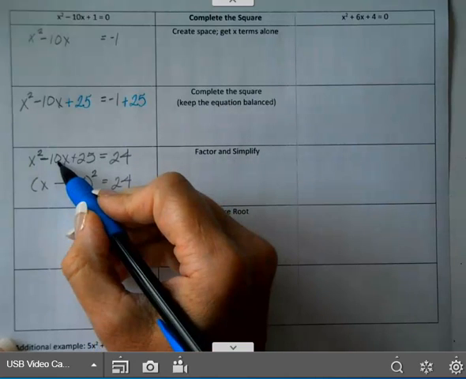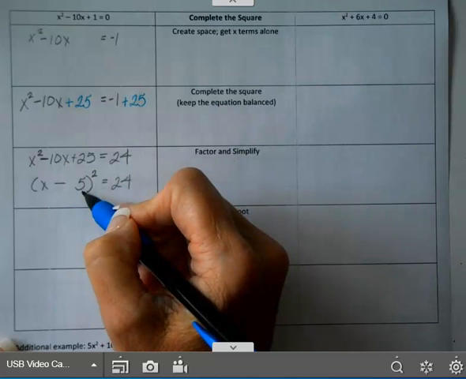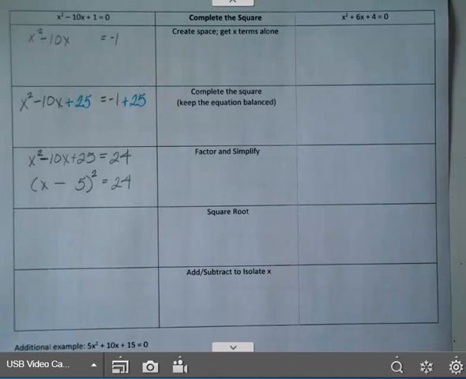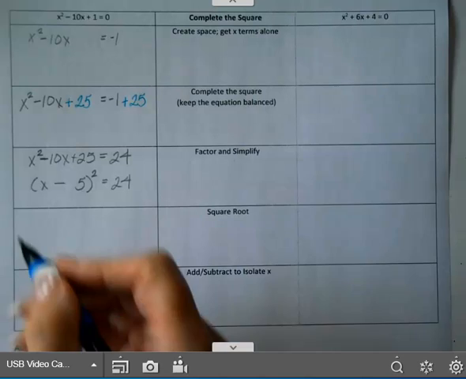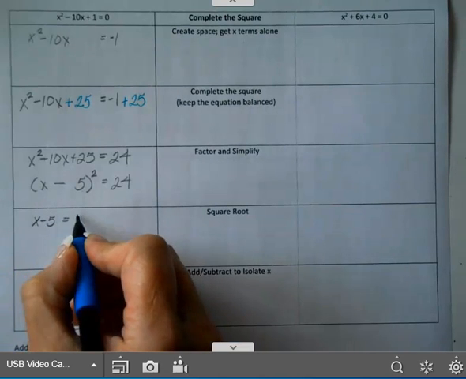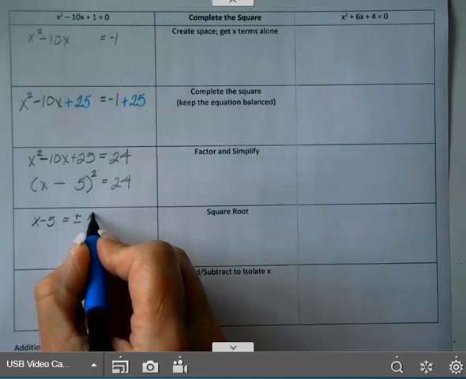I could take half of the negative 10, which is negative 5, or I can square root that, put the 5 in there and take the sign. And then to solve this, I'm going to square root both sides. So I have x minus 5 equals plus or minus the square root of 24.